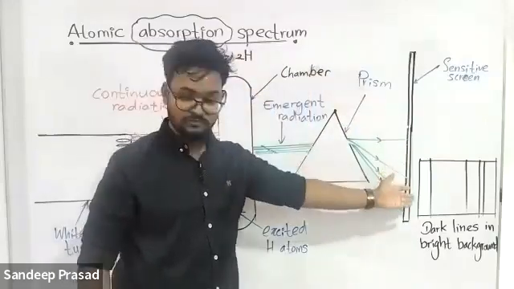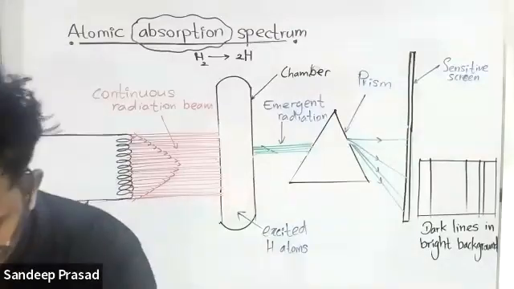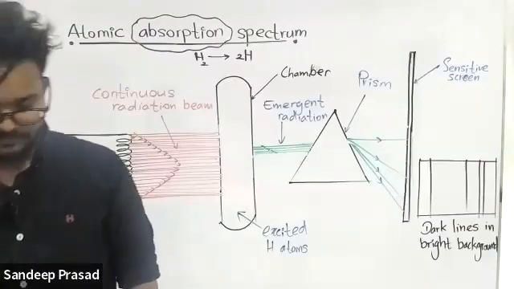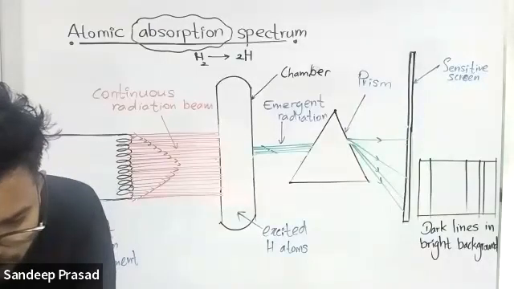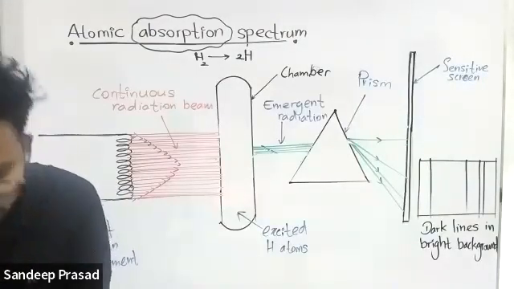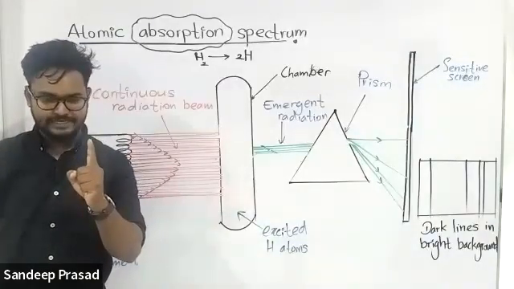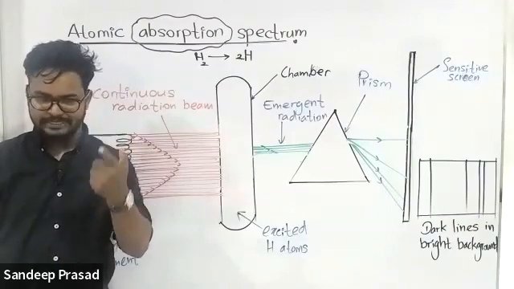Okay, so this is only one part, a few parts. We can draw this one. One hydrogen absorbing one radiation means one possibility, but there can be so many possibilities, right?